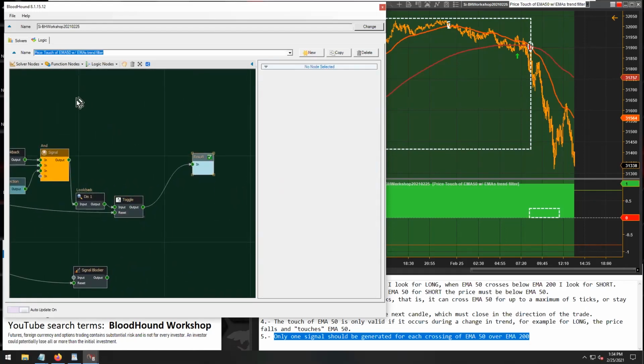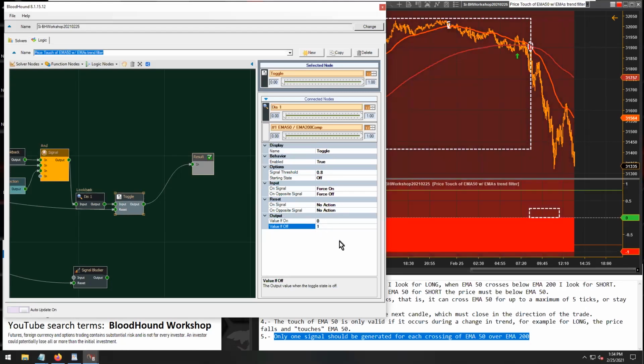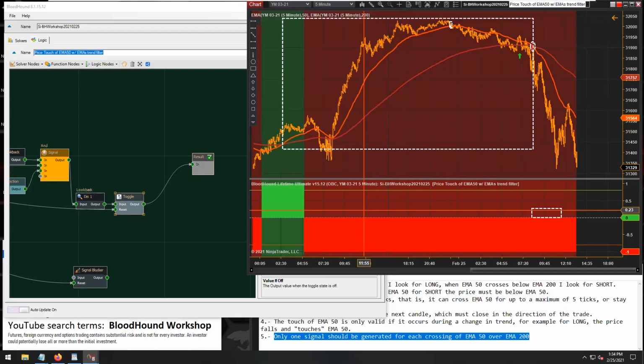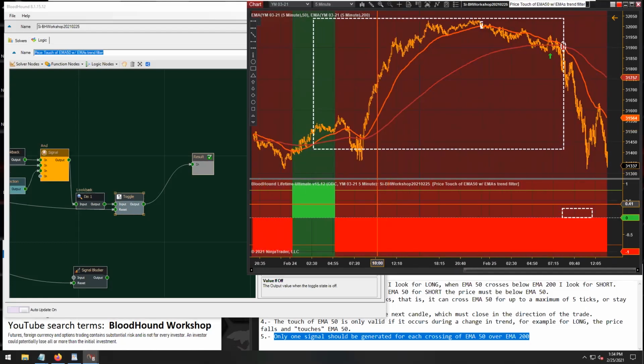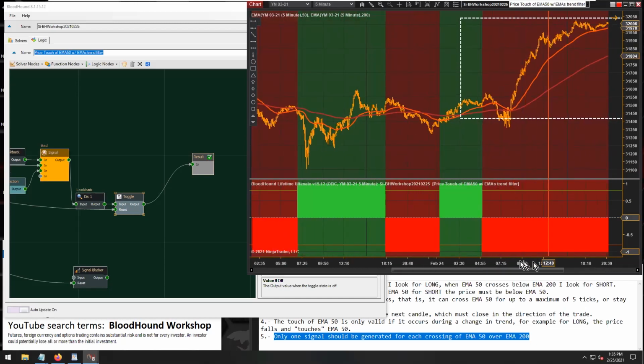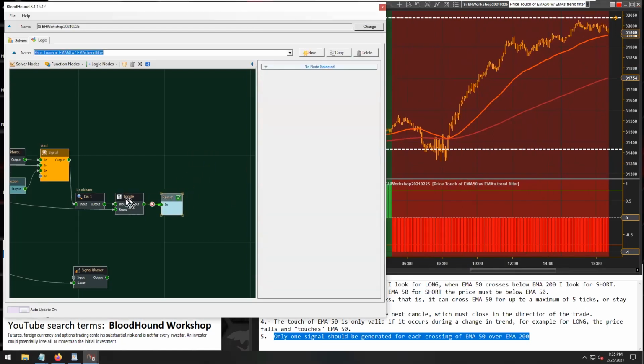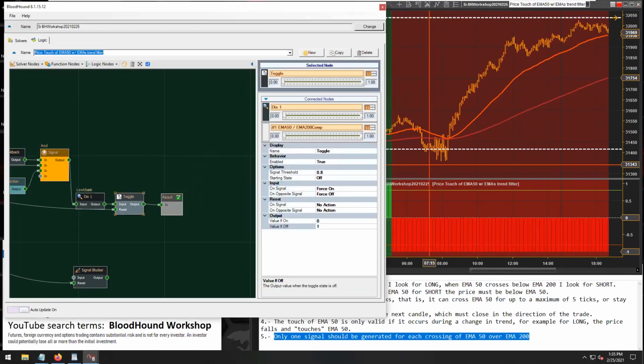And one other thing. Let's see. I think we need to reverse the outputs here. Yeah, that'll work here. Right. So if we look at this, right, we're looking at the toggle node.